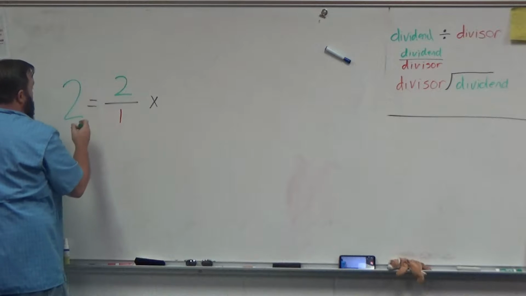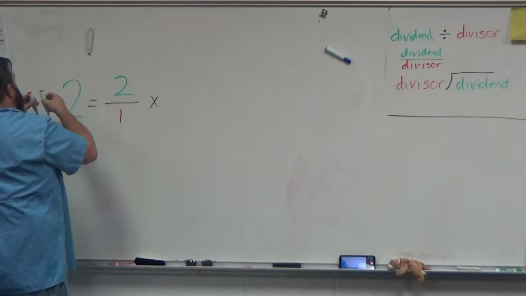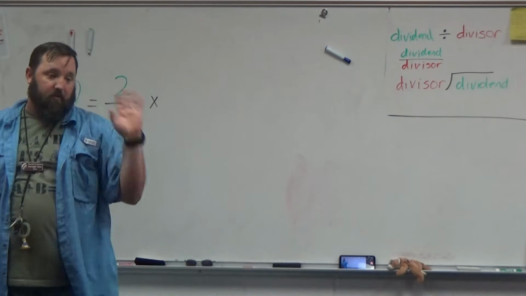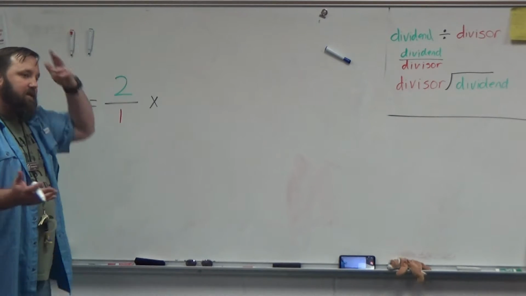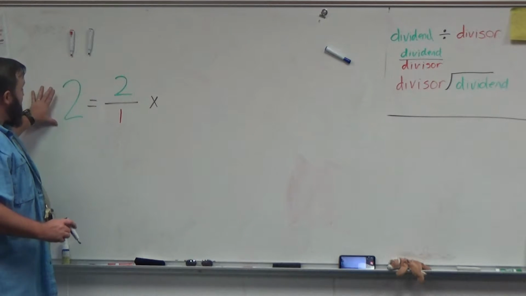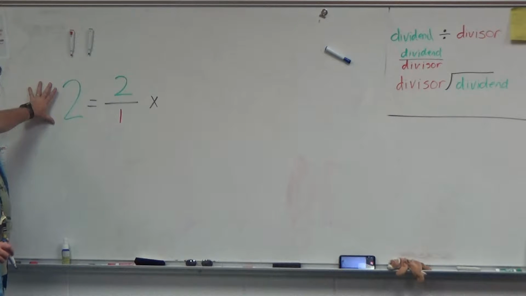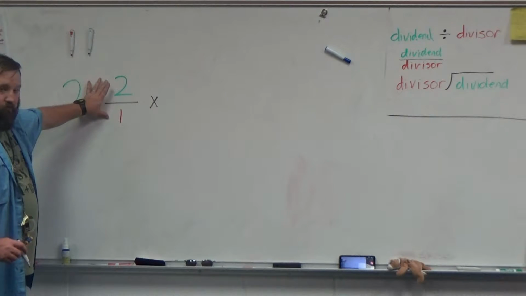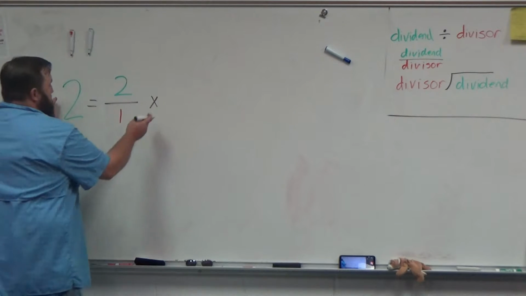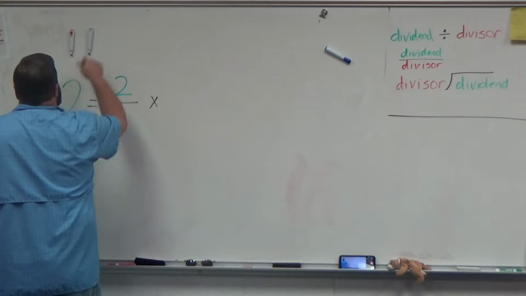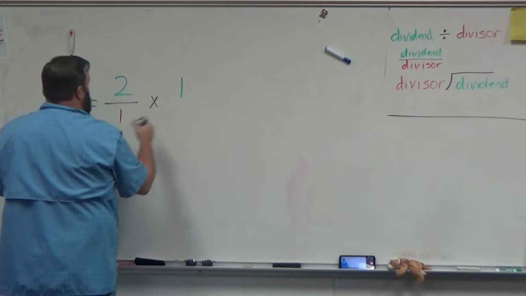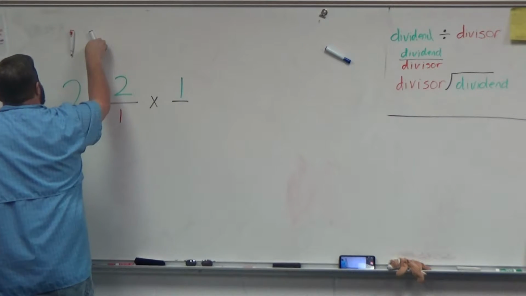Now you were probably told by a teacher that we just turn a whole number into a fraction. Well, the way we do that is going off of the fact that that whole number divided by 1 gives me that number. So I can take 2 and make it 2 over 1. Now, say I was doing 2 times, let's say, I think I used 1/3 today in class. 2 times 1/3.